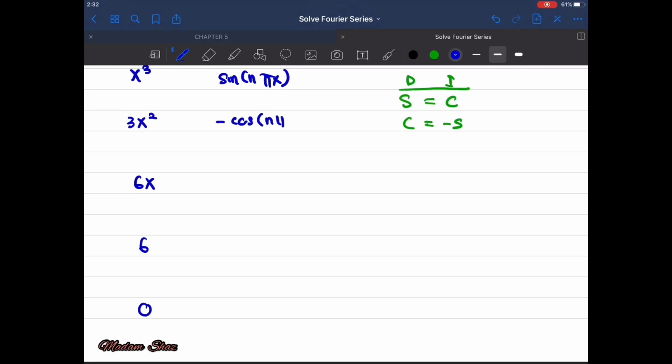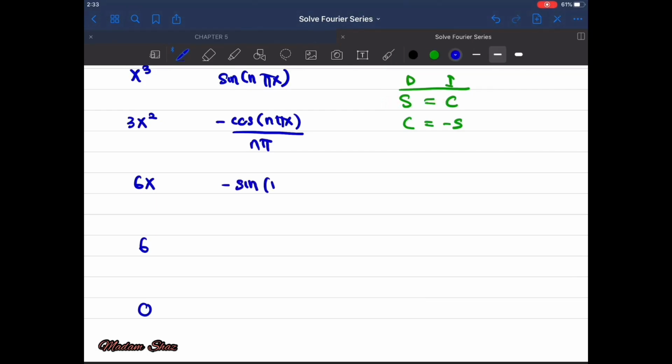Negative cos n pi x divide with, differentiate the argument n pi x will become n pi. Integrate again negative cos n pi x over n pi. So integrate negative cos, integrate cos will become sin. If we integrate negative cos, the answer will become negative sin.